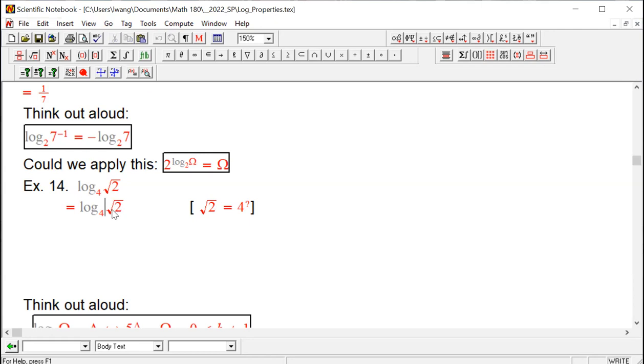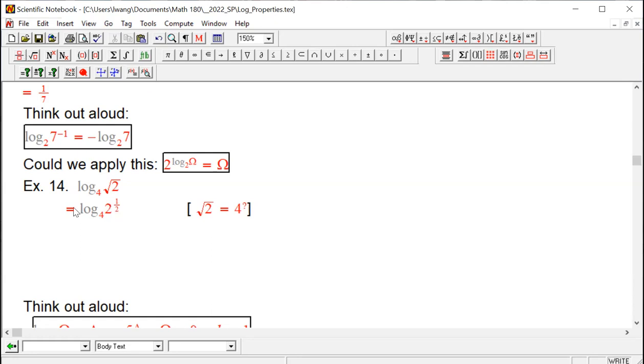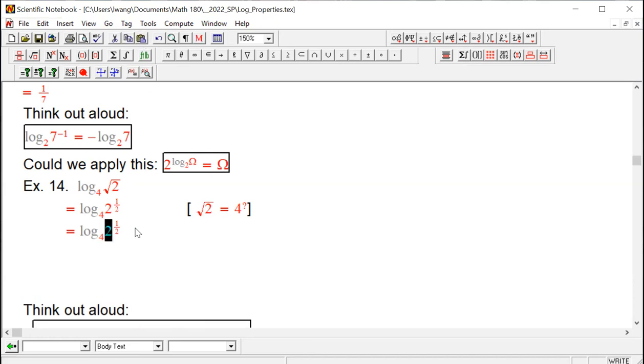So square root of 2 is really 2 to the power half. Now we are a little bit closer, because we need to express 2 in terms of something. Remember, 2 is square root of 4. So if we take 4 to the power of half.